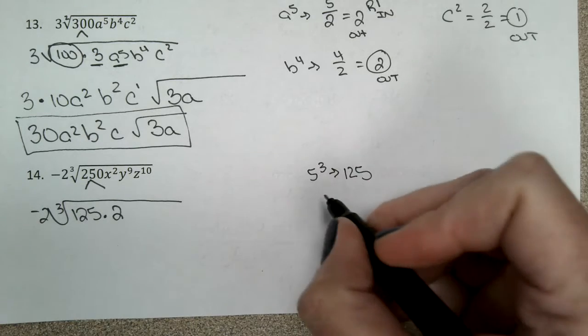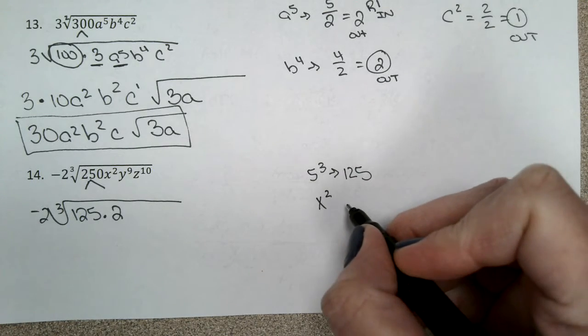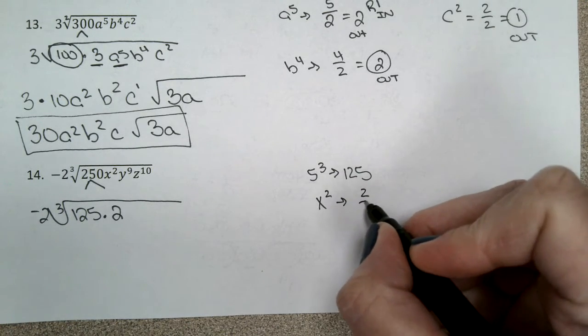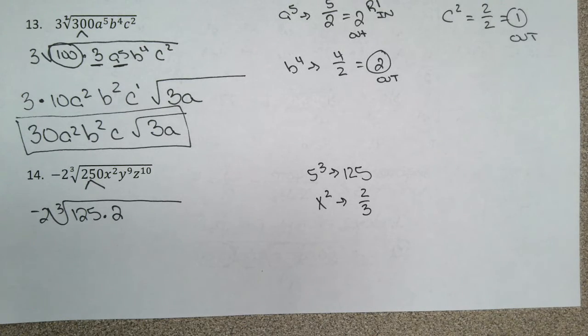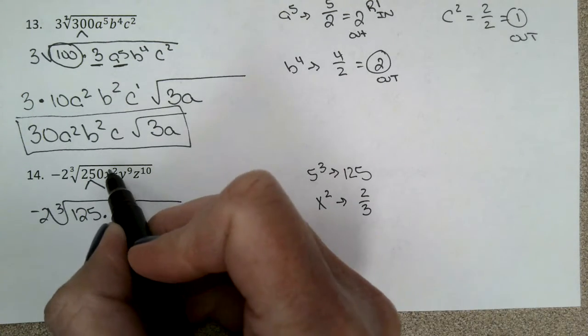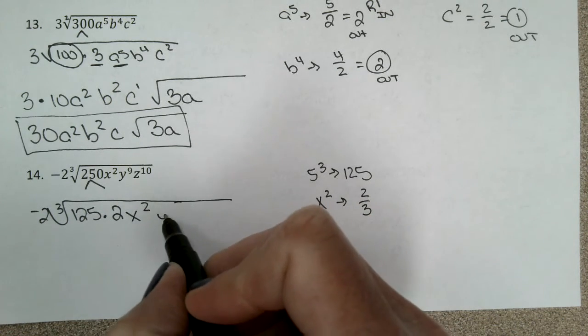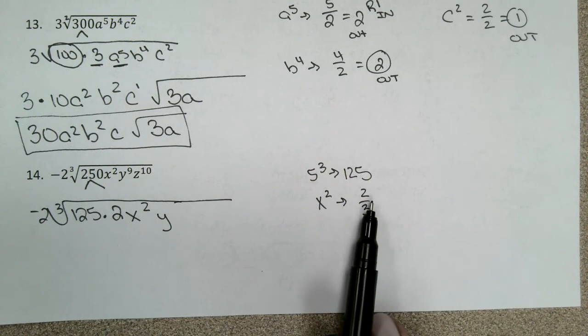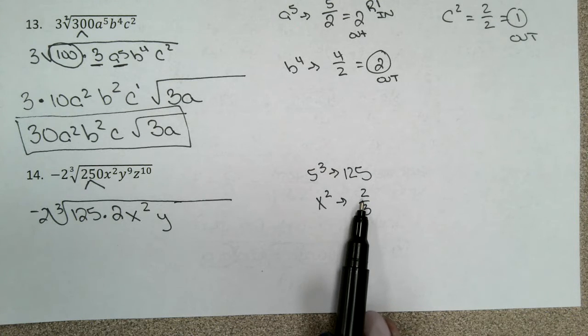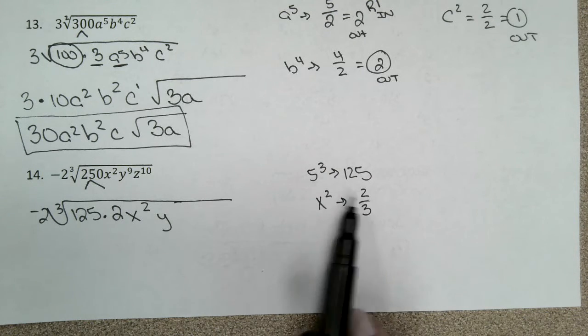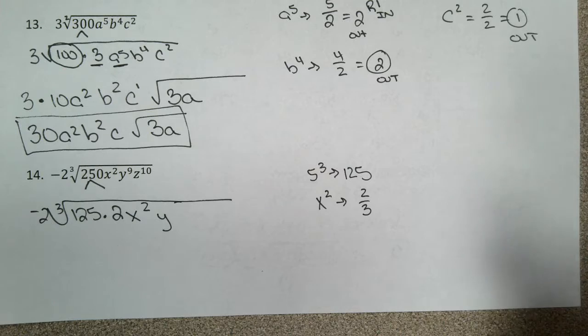All right, so I have x squared. So 2 divided by 3, nope, that one is staying right where it is because my index, this exponent, is smaller than the index, so that's going to stay.